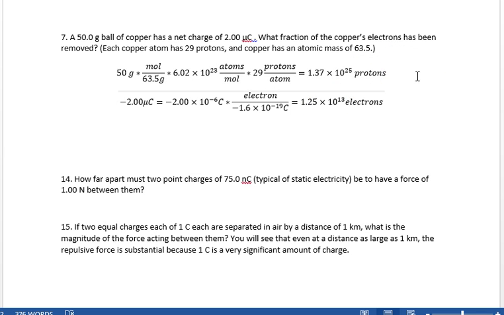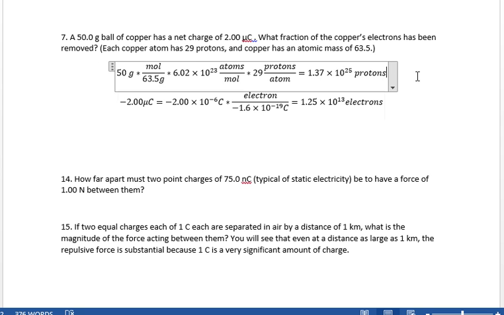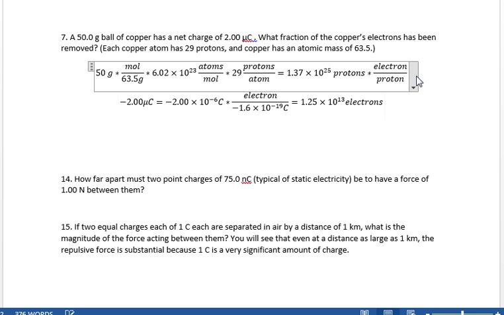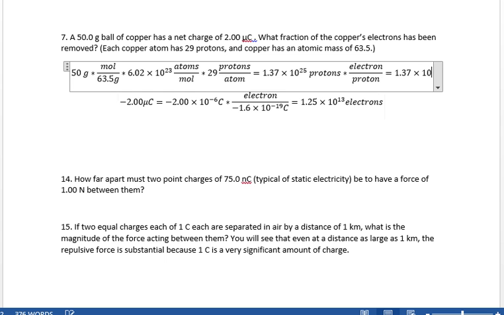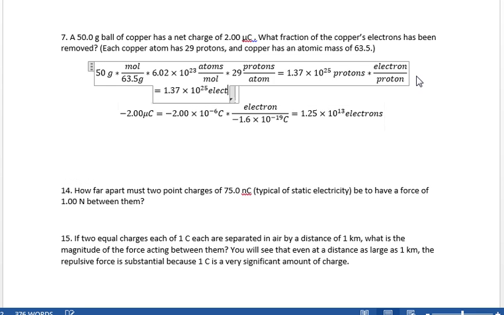And I'm going to add up here times 1 electron per proton, to get us to 1.37 times 10 to the 25th electrons.